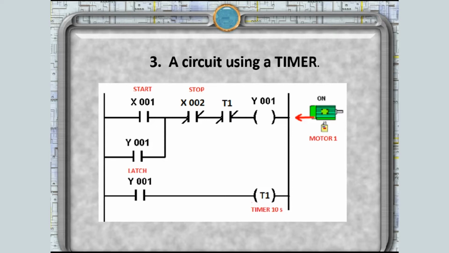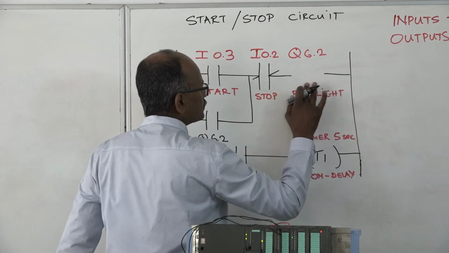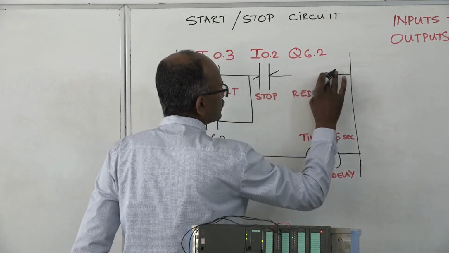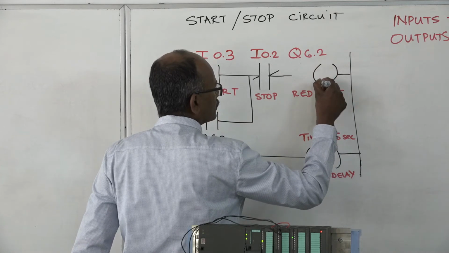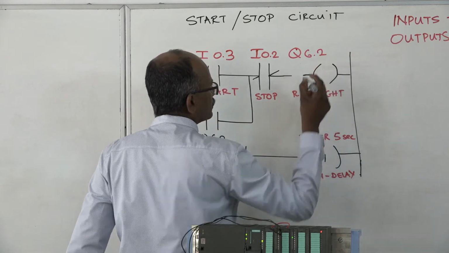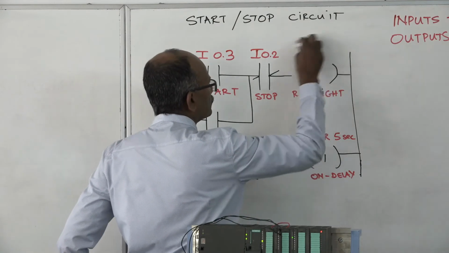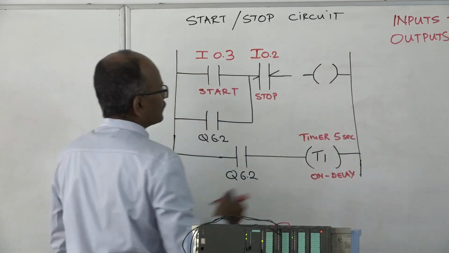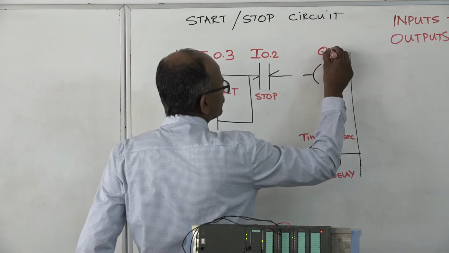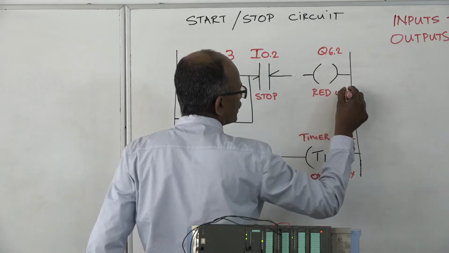So in order for me to do that, let me just move this a little bit. Okay, that was Q6.2, which is our red light.